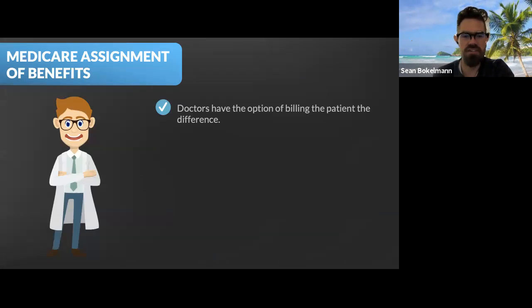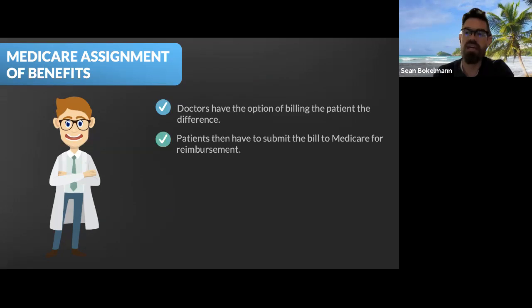And so under this original system, assignment of benefits, doctors, since they're only being paid 80% or sometimes less if their fee was higher than the allowed fee, had the option of billing the deficit to the patient. And then patients would have to submit the bill to Medicare for reimbursement.